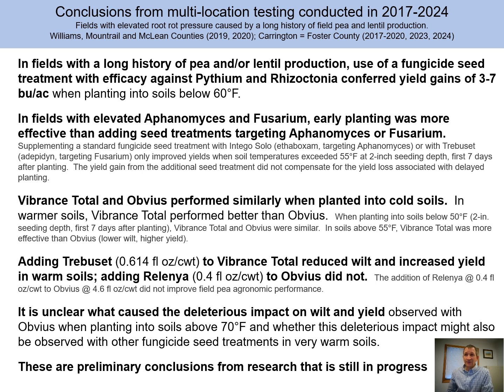So the replicability of those results, I'm not sure of. But it's certainly another cautionary note that seed treatment is not going to be a tool for offsetting the deleterious impact of planting into really warm soils where you have Aphanomyces and Fusarium pressure.